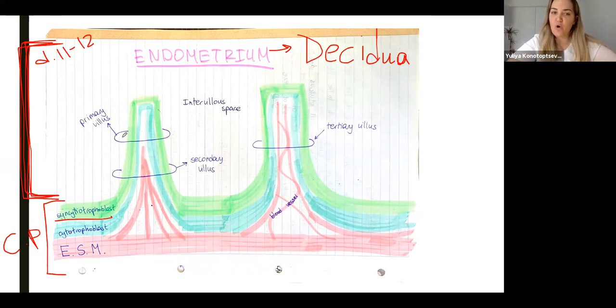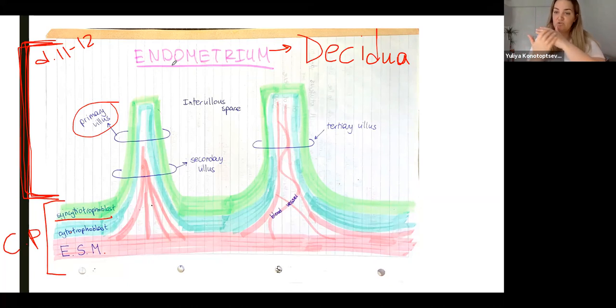It starts to grow some kind of cellular columns, and these cellular columns start to protrude even deeper into the endometrium. Who wants to join the syncytial trophoblast? Of course, the underlying cytotrophoblast. So what do you see? On day 11-12, you start to see that primary villi appear. These primary villi are located in the endometrium. They're like fingers which are going into the endometrium like that, right?